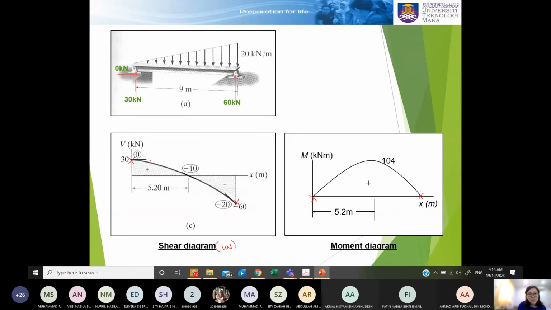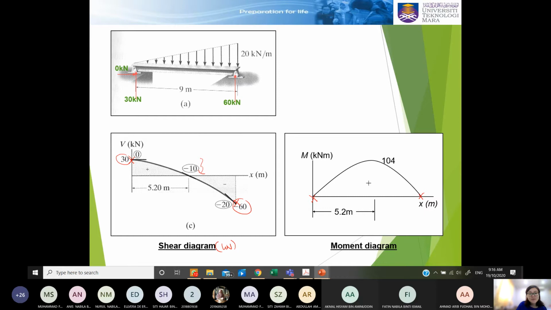We know that when the shear force goes from positive shear to negative shear, it will pass through the axis, where you have a zero shear force somewhere that we do not know, and we need to solve for it. So how to solve this?